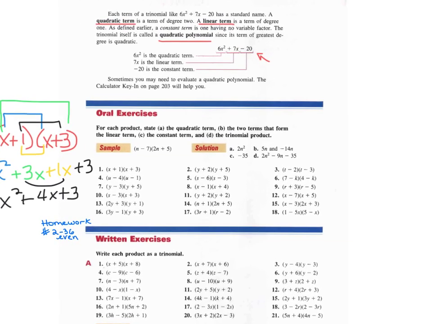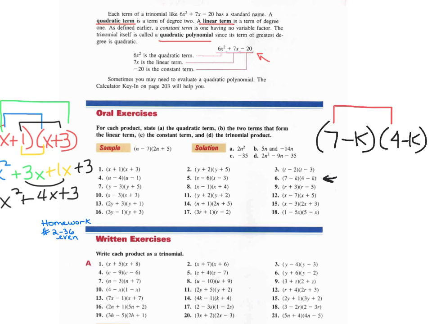Let me try one with some coefficients, and then I'll let you go ahead and start. Let's look at number 6, where the variables are last. So 7 minus k, and then 4 minus k. Again, I'm still applying FOIL.